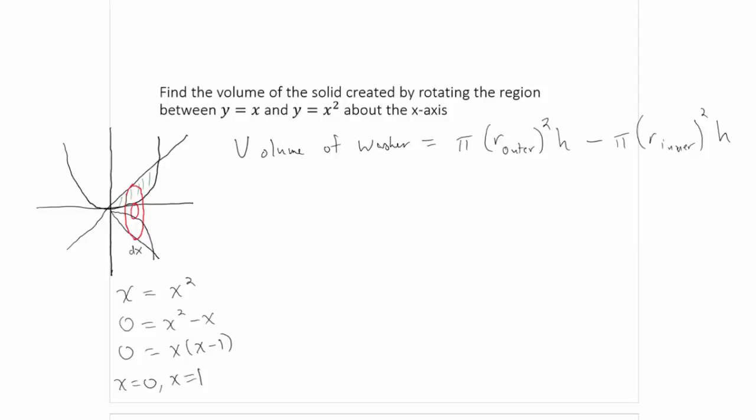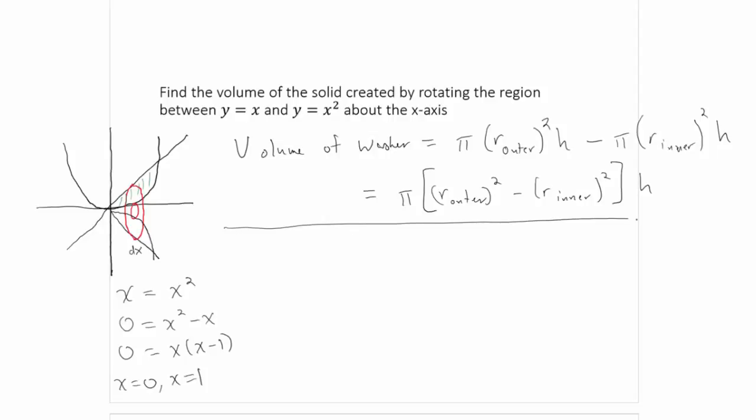And so with a little bit of factoring, we can see that this is pi times r outer squared minus r inner squared times the height. And so I can now set up an integral. The volume would be the integral from 0 to 1, pi times the outer radius.